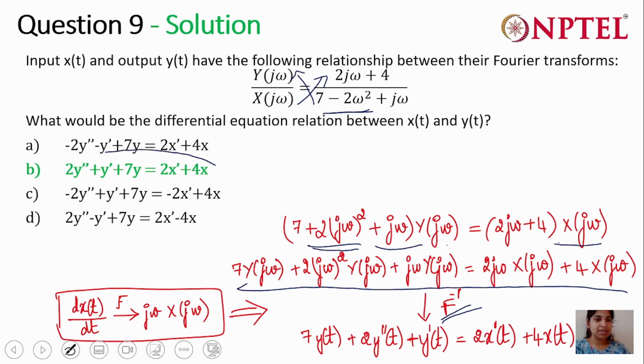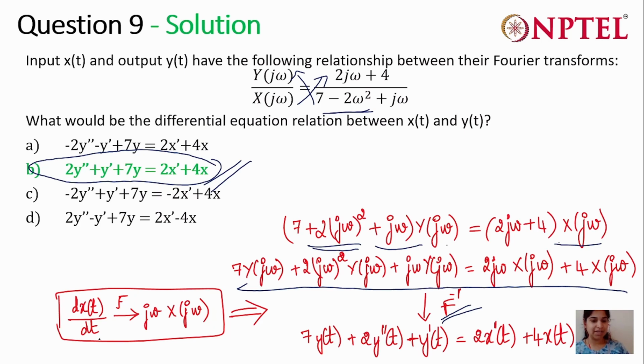So the answer is B. The basic property you used is that the Fourier transform of dx by dt is j omega into X of j omega. So the answer is B.